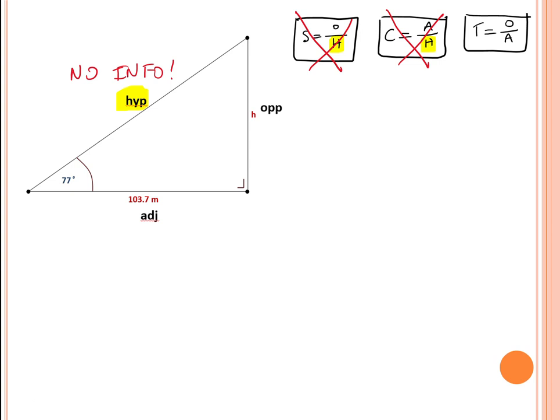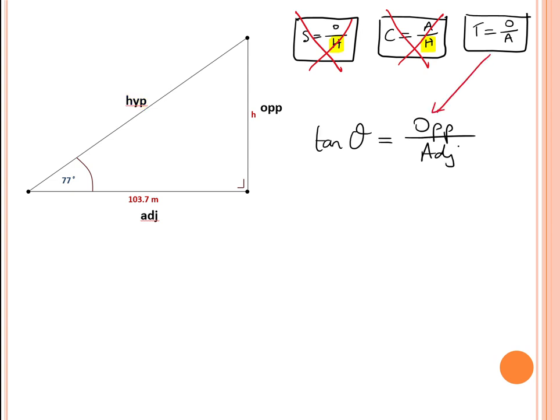So the only ratio we've left is trawling off Ackle, which is tan of the angle is equal to the opposite over the adjacent. So tan of what angle? Tan of the angle 77 is equal to the opposite side, which is H, over the adjacent, which is 103.7.